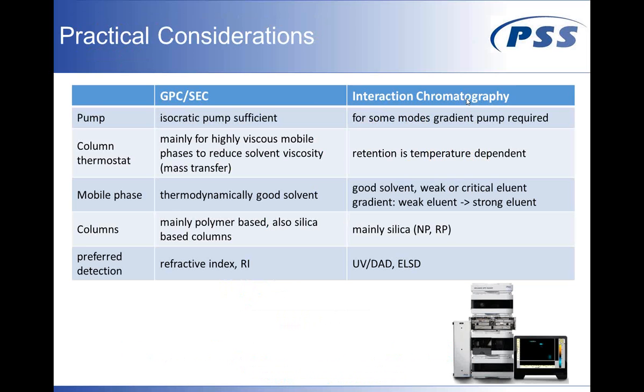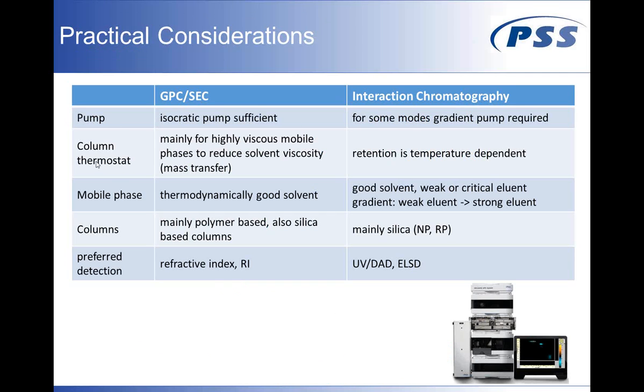If you go to interaction chromatography, an isocratic pump might be sufficient if you run critical conditions, but we have seen that you are very limited, and most of the time you would like to use a gradient pump in order to really achieve a separation of a large range of different adsorption strengths of the polymer.